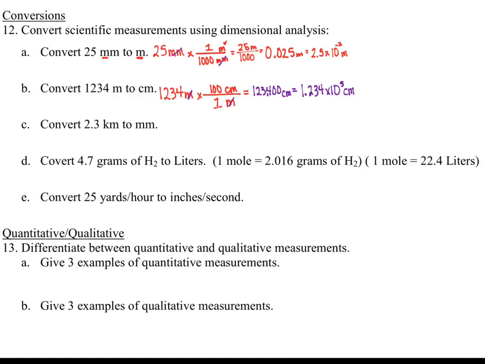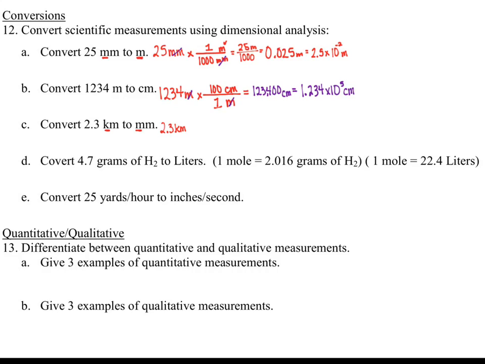Okay, so now, C, I'm converting from kilometers to millimeters. So in this case, I'm going from prefix to prefix. So this is a 3-step problem because the easiest way for you to solve this is to always go back to your basic unit. So here, 2.3 kilometers, my given.